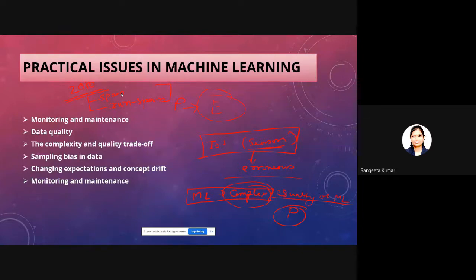Then, what is remaining? Okay, sampling bias in the data. You can consider one example: classification or finding an appropriate resume for a post, that is the data, right?